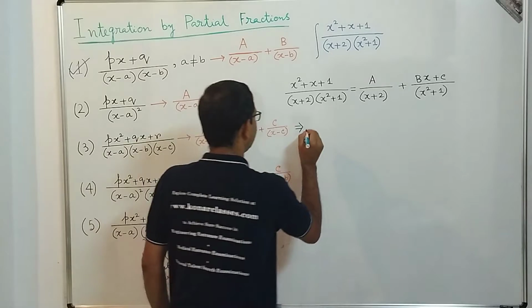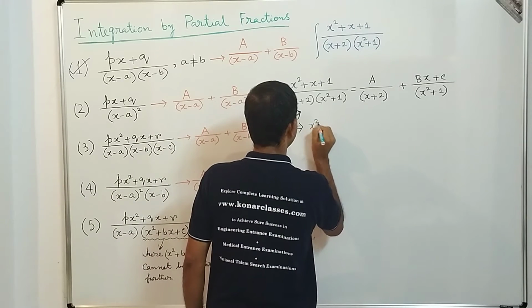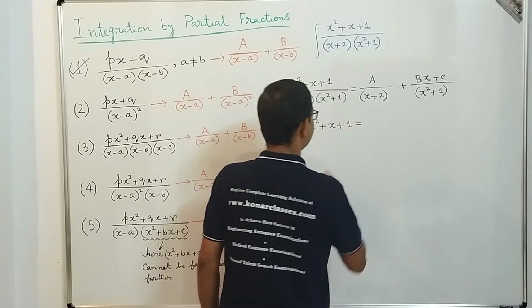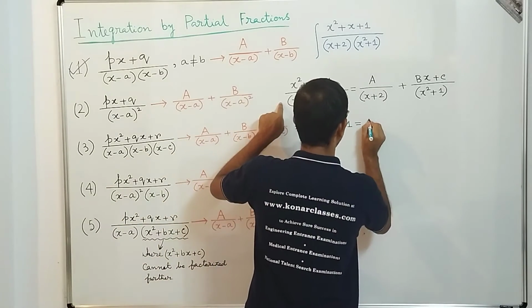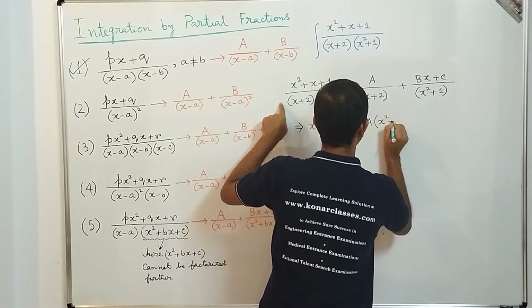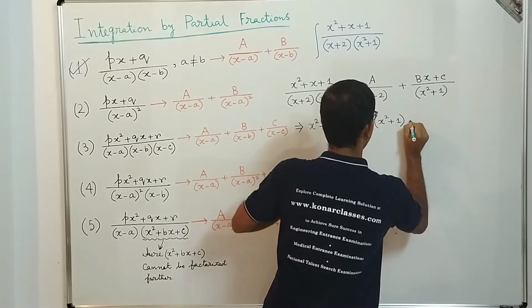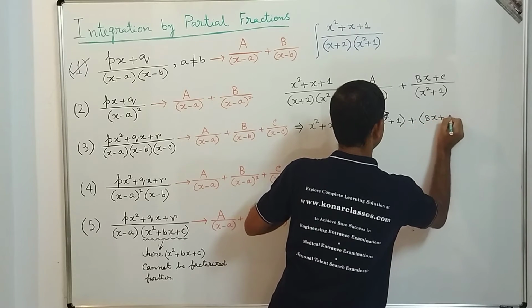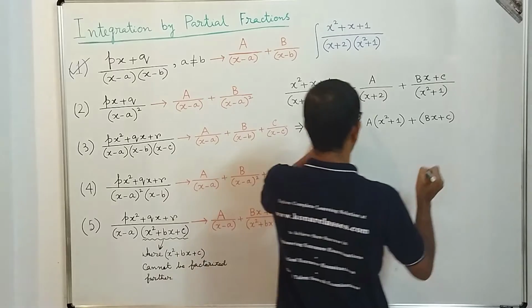On the left hand side, what will we get, dear students? We will get x square plus x plus 1. And on the right hand side, we get A into x square plus 1 plus bx plus c into x plus 2.